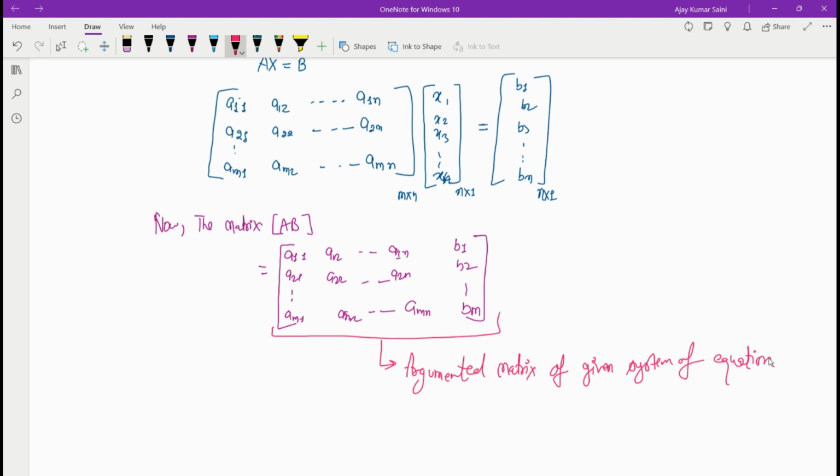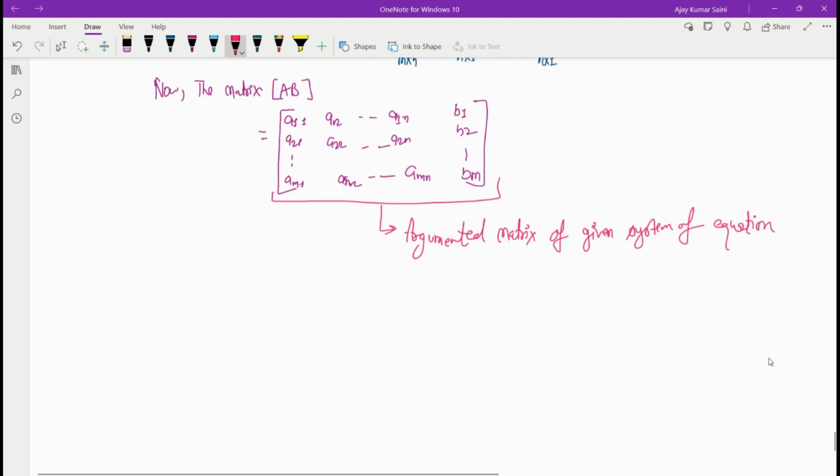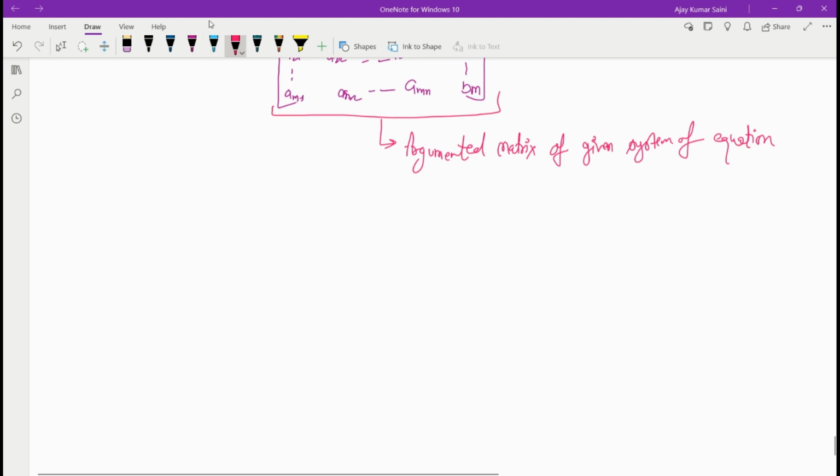There are some conditions for non-homogeneous systems. After that we discuss eigenvalues. First, the conditions of consistency.